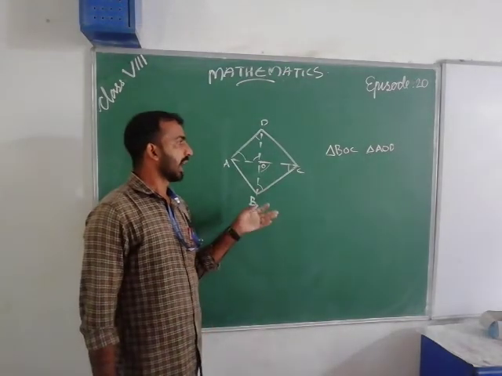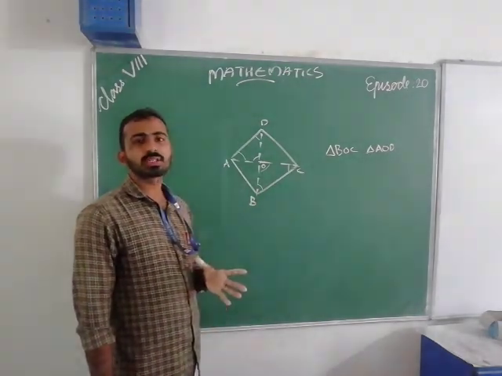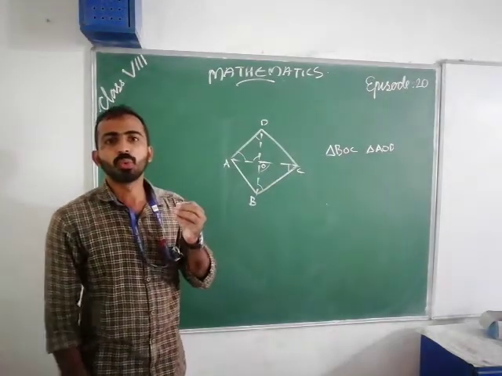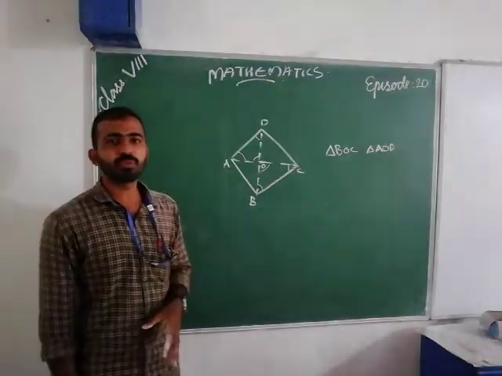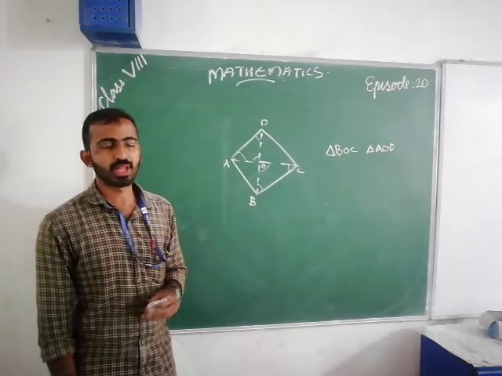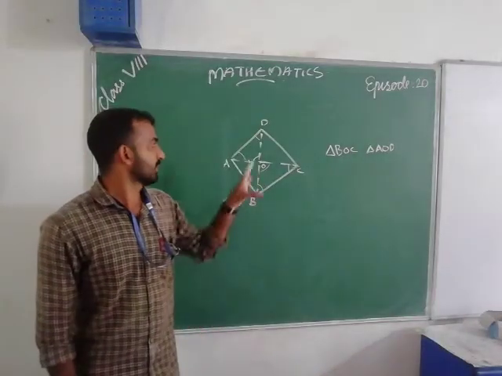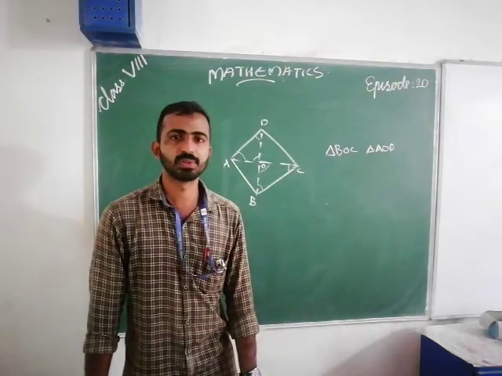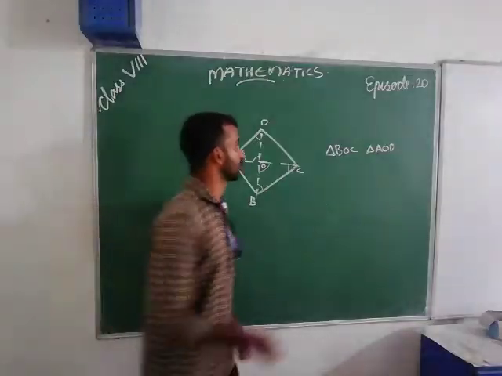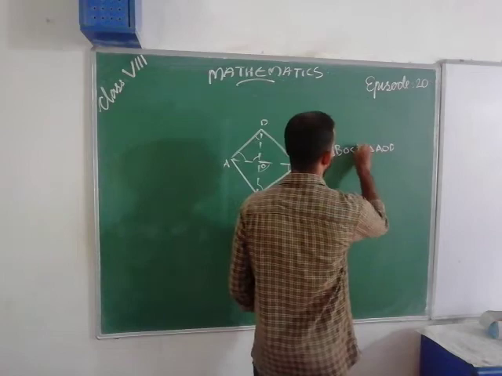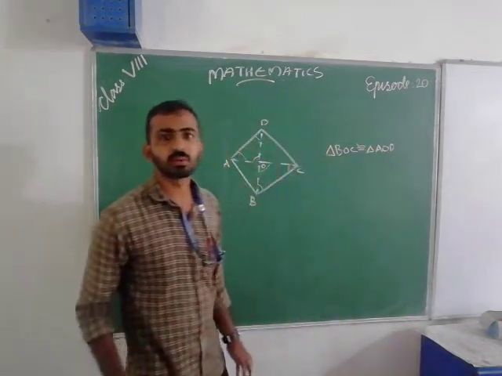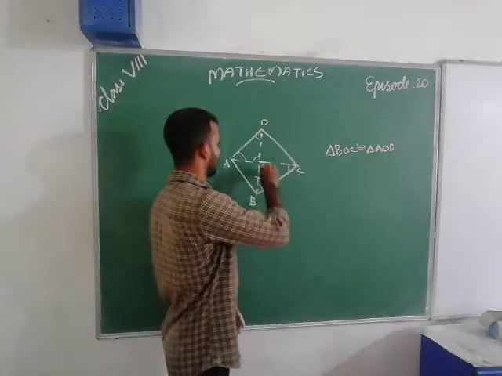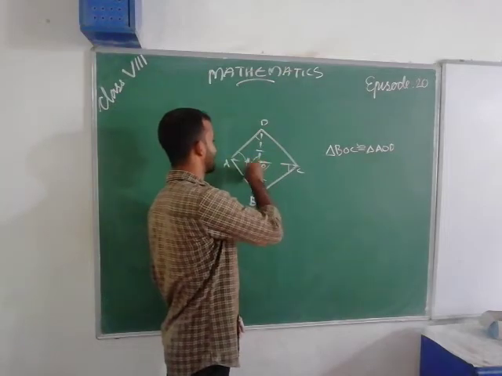In a triangle, three angles are equal to the three angles of another triangle. Here in the two triangles, these angles are equal. So these triangles are congruent, so the sides are congruent. This is equidistant.